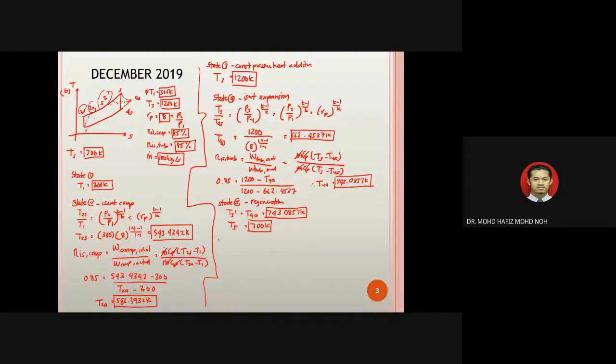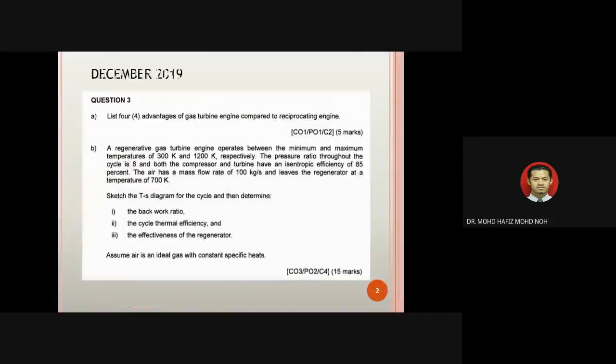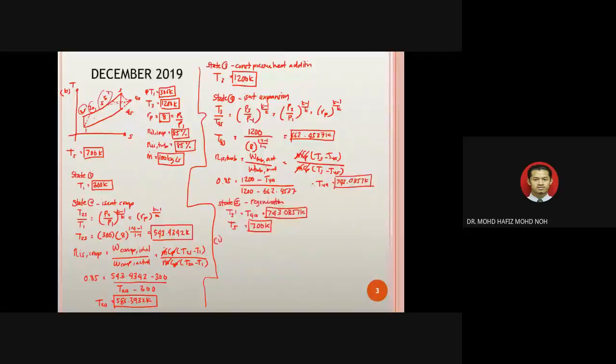The first question asks you to calculate the back work ratio. The back work ratio is simply W compressor divided by W turbine. W compressor is equal to m dot Cp (T2 actual minus T1). The mass flow rate is given as 100 kilograms per second.